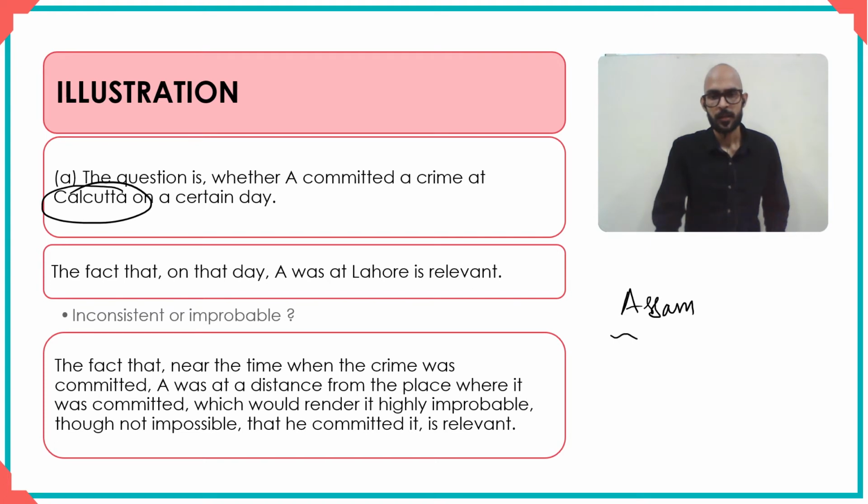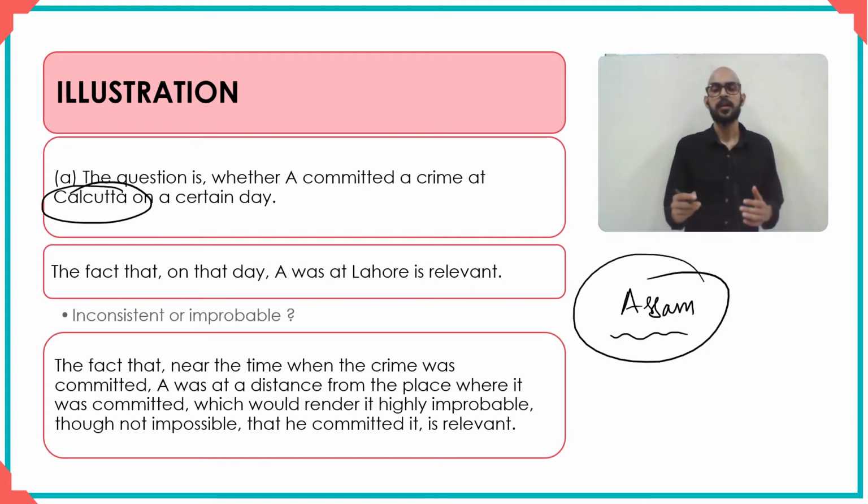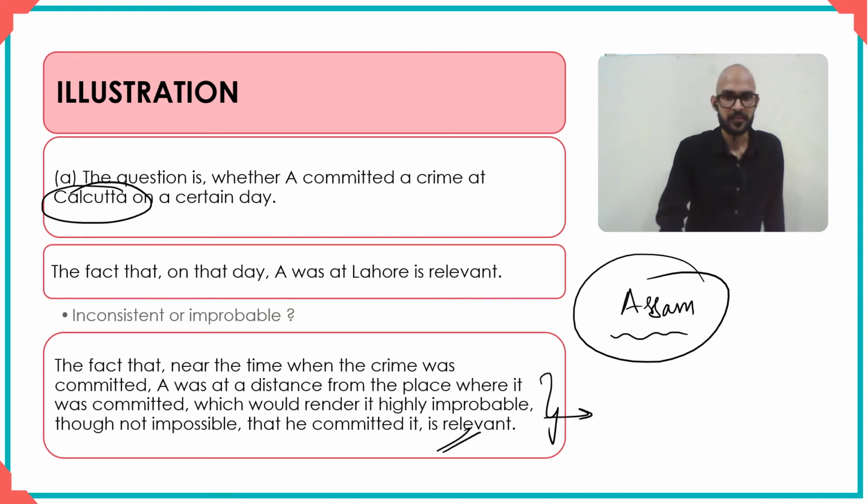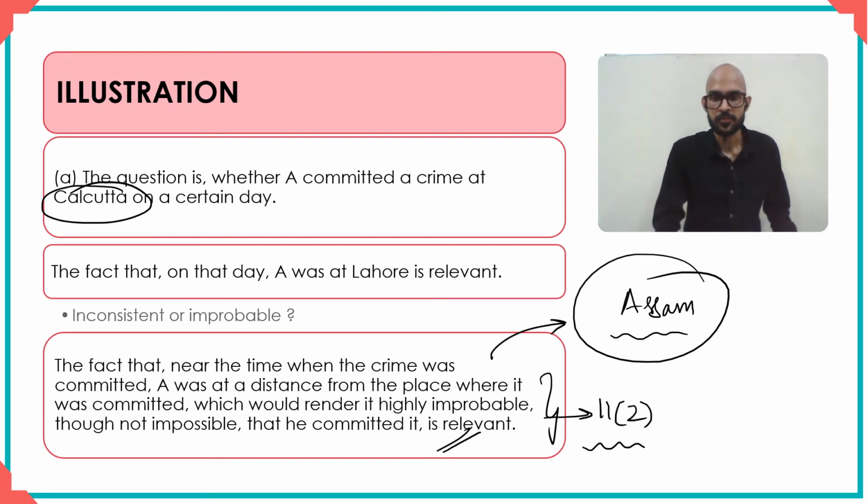Now it's at a great distance, undoubtedly, but it is not impossible for a person to reach Calcutta from Assam on the same day, maybe, right? So you can say that it is highly improbable, and therefore the second sentence, the fact that, let's say, A was in Assam, is something that would be relevant under 11 subsection 2.